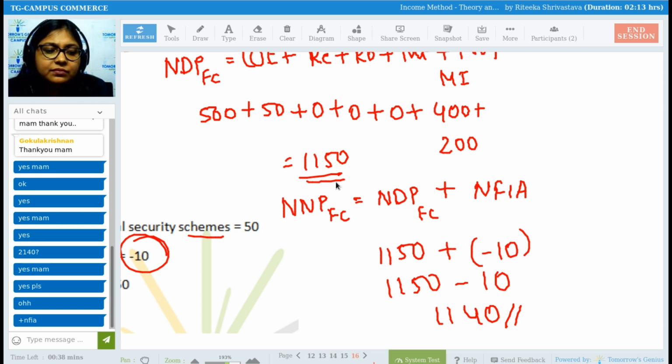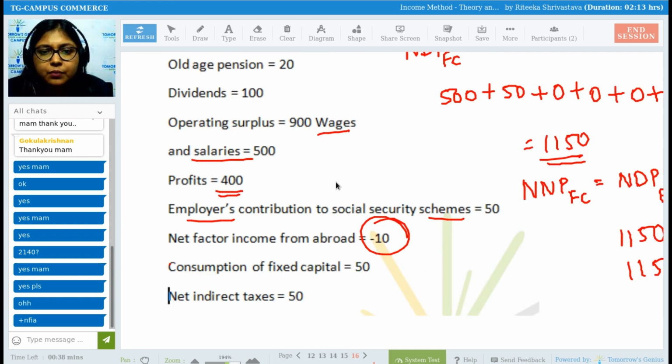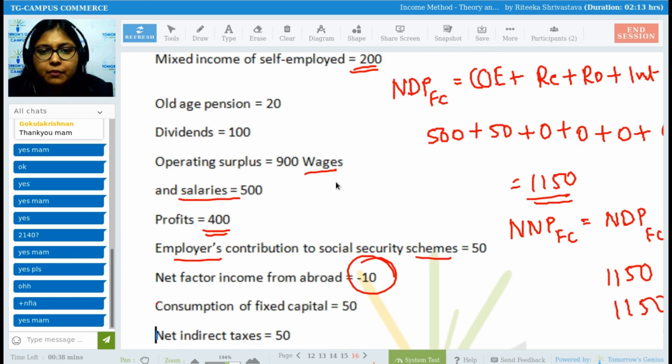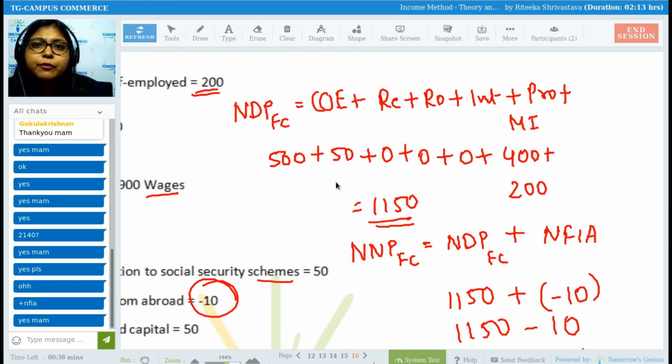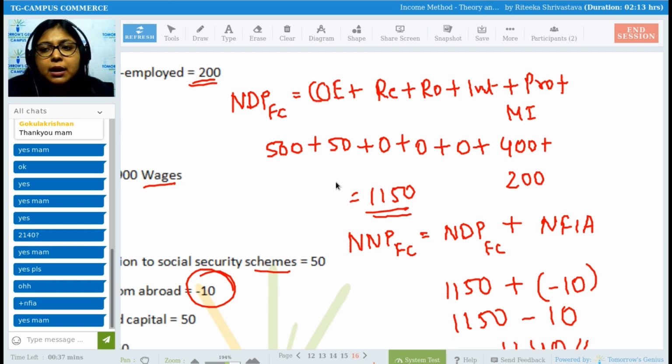Very simple. Any doubt? Did you get the sum? First of all, you found out NDPFC. Everything was given. Compensation of employees directly was not given, but it was given to us in the form of wages and social security contribution. Rent was not given.